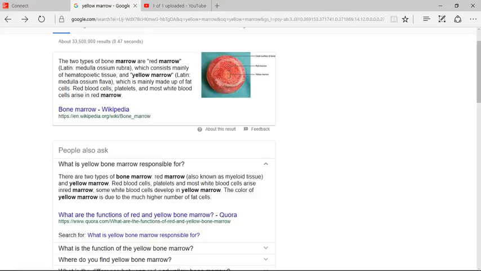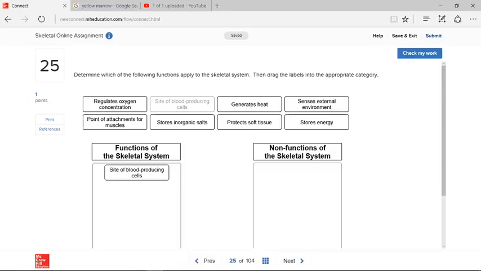Some white blood cells develop there. The color of yellow marrow is due to a much higher number of fat cells. Okay, so red blood cells, platelets, and most white blood cells arise in the inner red marrow. There we go.